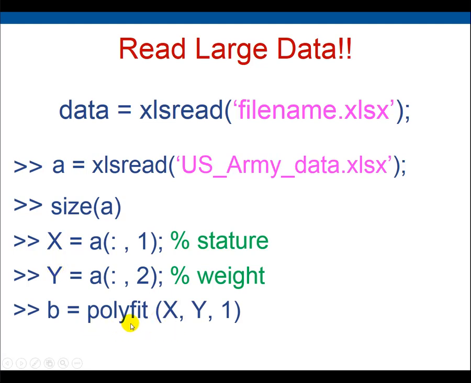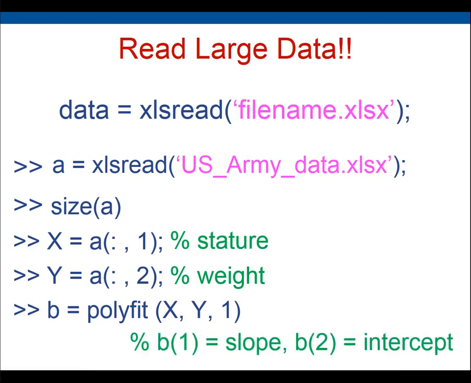This one builds linear models, right? X is the independent variable, Y equals the dependent variable. And 1 means there is only one X. So B contains 2 values. The first one is the slope, and the second one indicates the intercept.